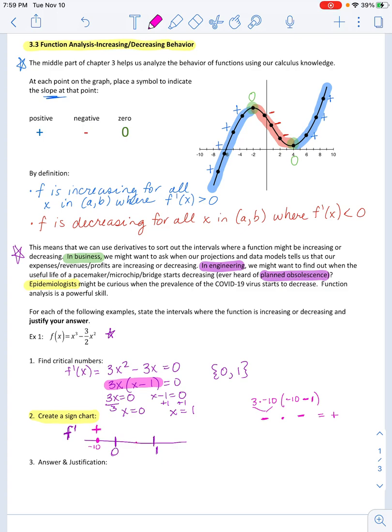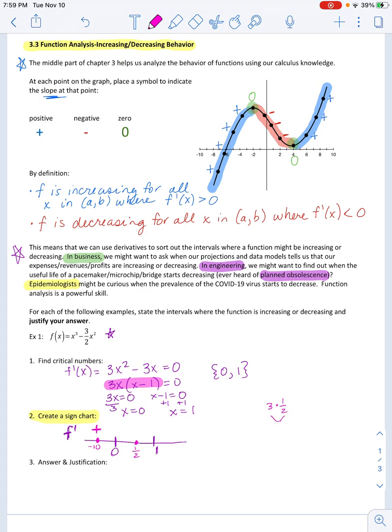Okay, now in the middle, I have to find a test point between 0 and 1. Most logical number on the planet is 1/2. Okay, same idea. I'm going to plug 1/2 into the highlighted pink derivative, because it's very easy to determine signs from that factored form. So in my head, I am thinking 3 times 1/2.